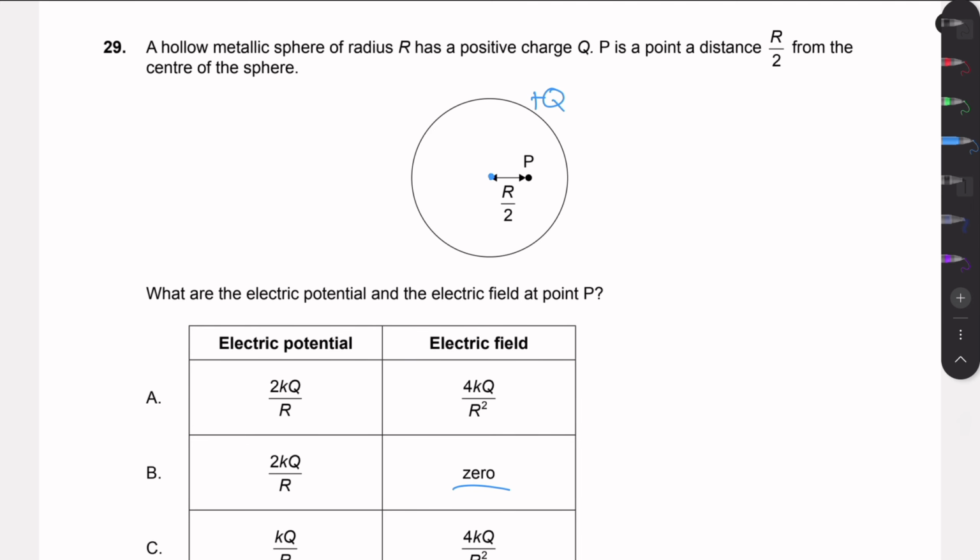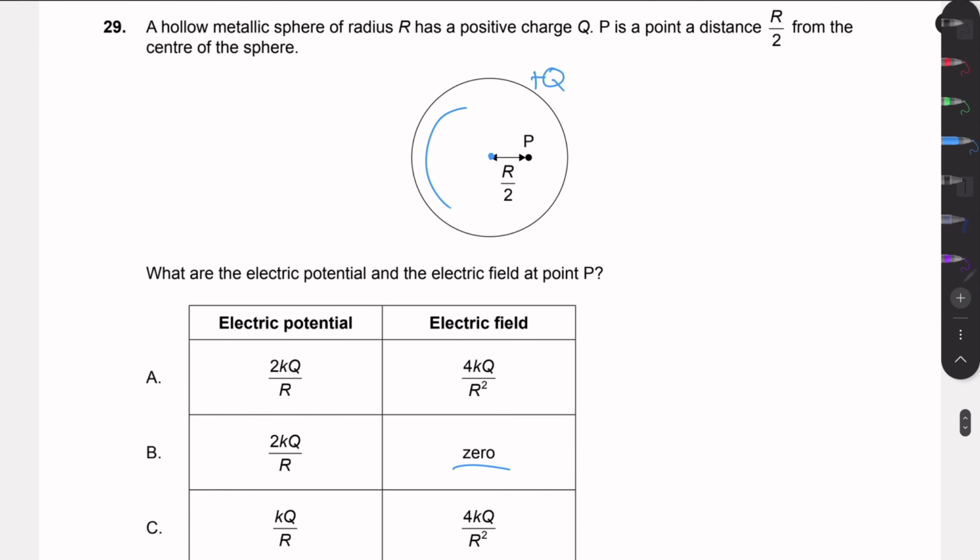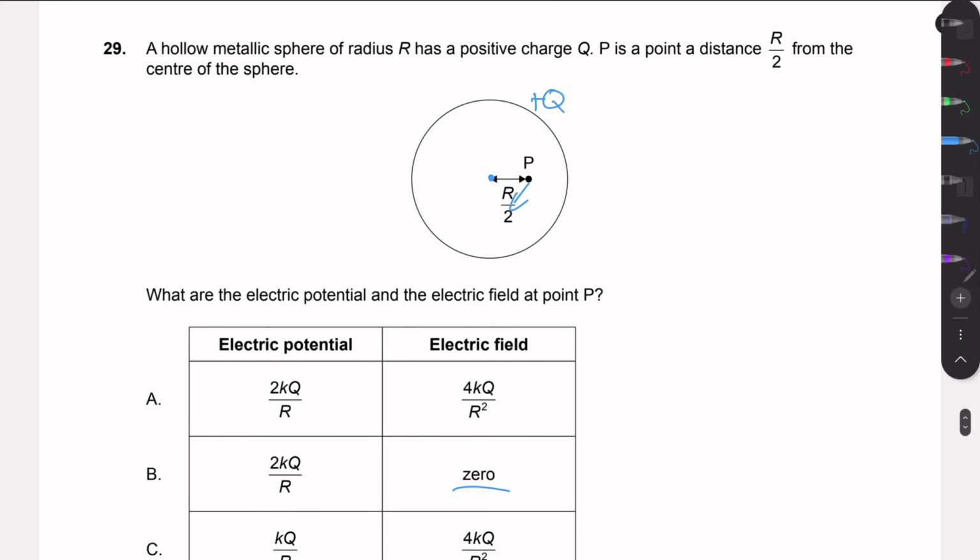So just remember that the electric field is zero everywhere inside this sphere. It's kind of because the electric fields cancel out in every direction. So the net field will just be zero, as there are positive charges all around the circumference, and they all exert an electric force, and they all cancel each other out.